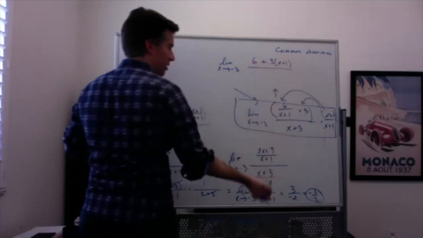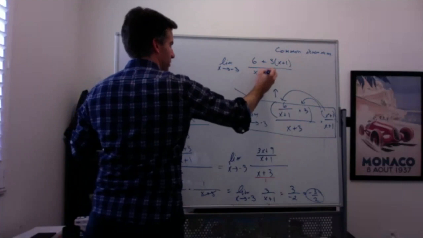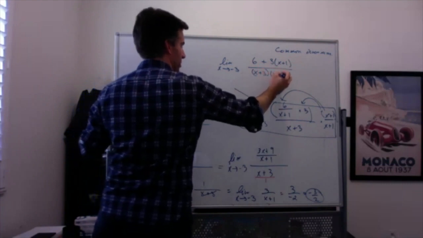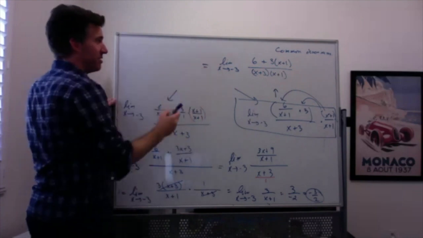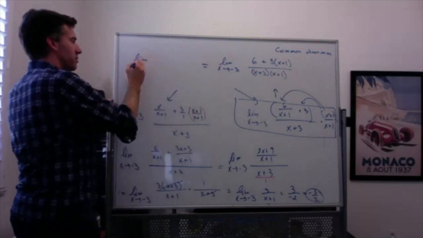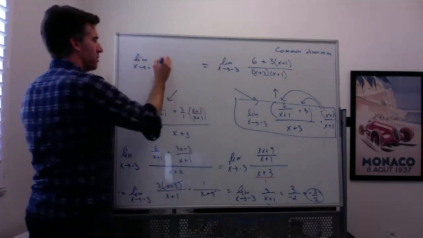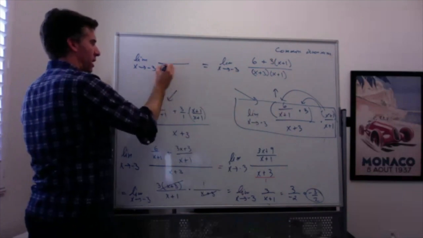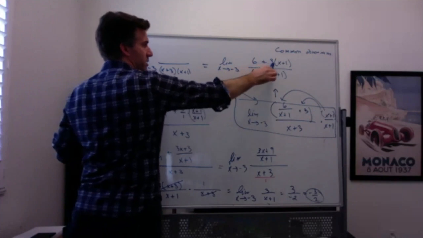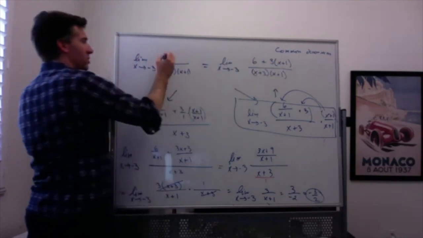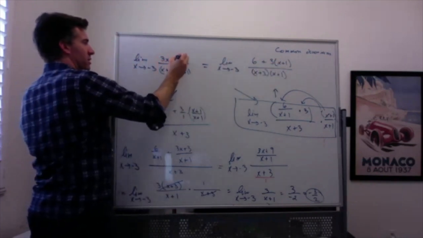And in the denominator, we have x plus 3 times x plus 1. And if I simplify the top, the bottom's still the same. The top is 6 plus 3x plus 3, which is 3x plus 9.